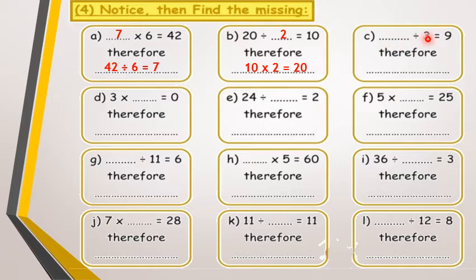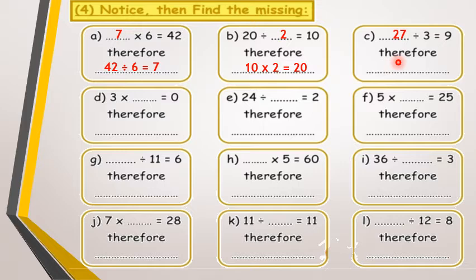Now, there's a number that when I divide it by 3 will give me 9. This means that 3 and 9 are both factors of a number. When you multiply them, it will give you this number. So you can multiply 9 by 3, it will be 27.